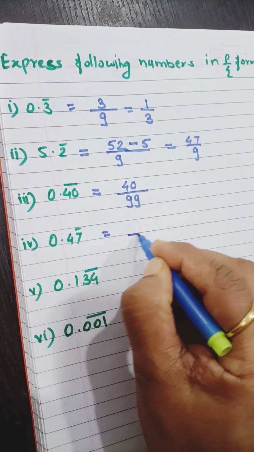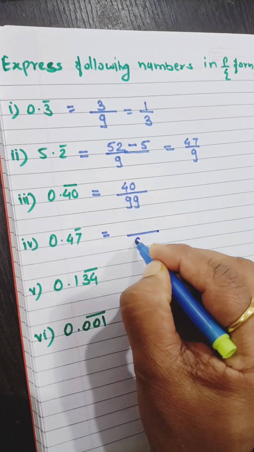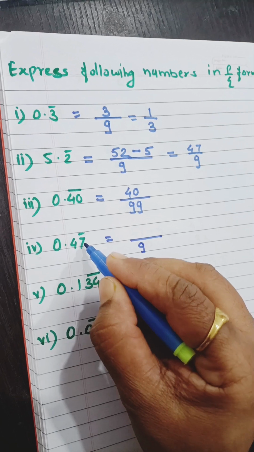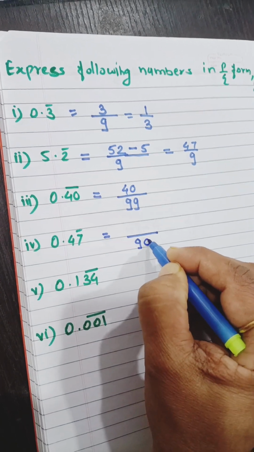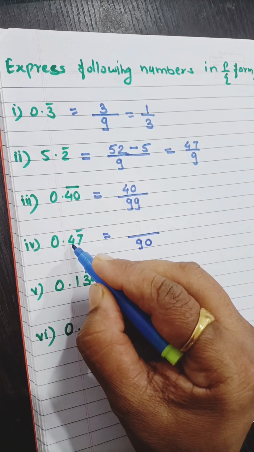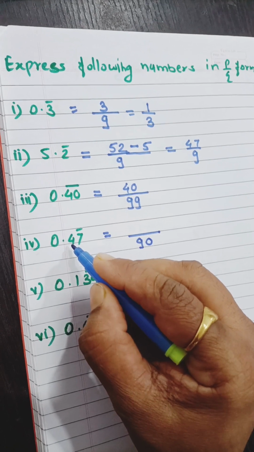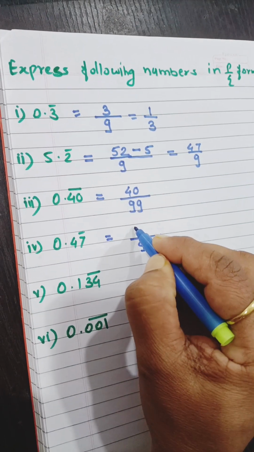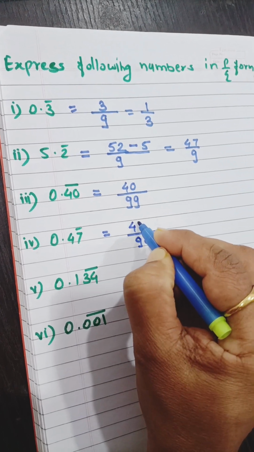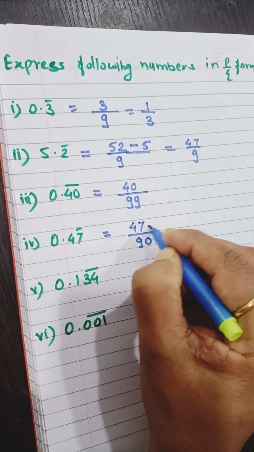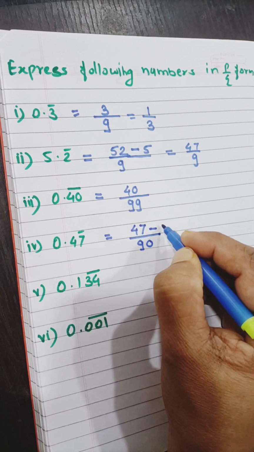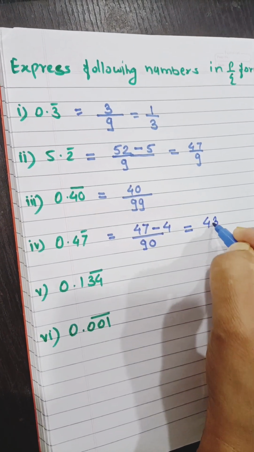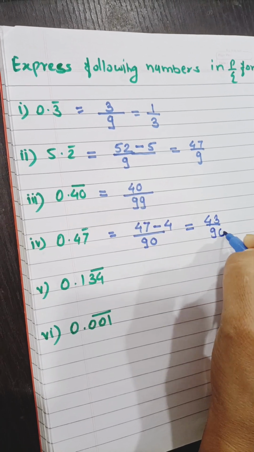So we will have 9 in the denominator for this bar 7 and 0 for this 4 which is not under bar but after decimal. Okay. Understood? And in the numerator write down 47 minus this 4 which is not under bar. That is 43 by 90.